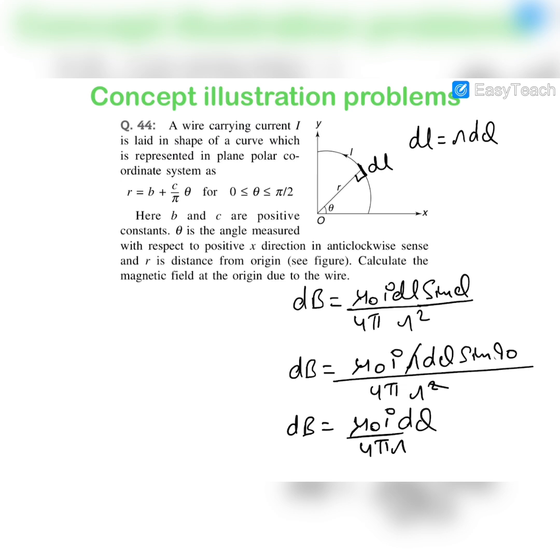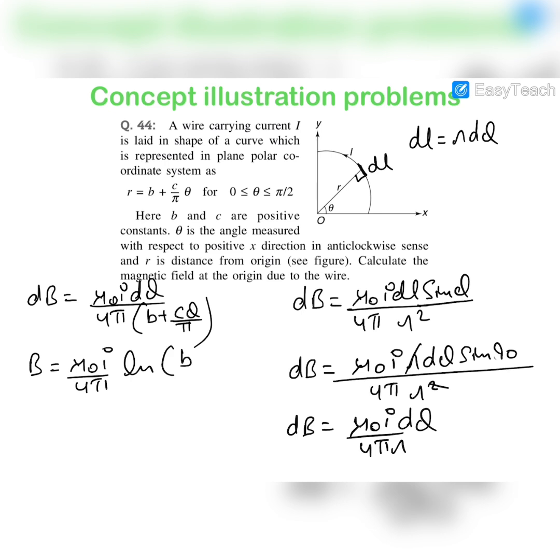Now dB will be mu naught I d theta divided by 4 pi, b plus c theta by pi, and B will be equal to mu naught I by 4 pi ln of b plus c theta by pi, and the limit of this theta will be from 0 to pi by 2.